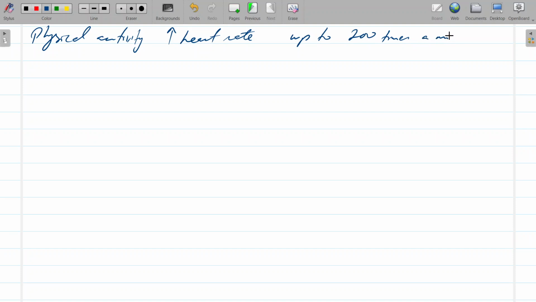And this is not a level of heart rate that you want to maintain over a long period of time. That's why, for people who exercise, if it's a physical activity that you are taking part in regularly, then over time your body and your heart adjust to that, and it doesn't increase as much as it would if you're doing it out of the blue, like if you decide just to start running all of a sudden.